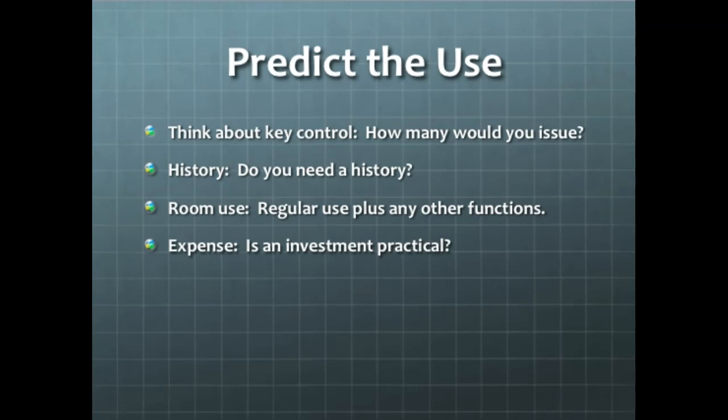And then when we talk about access control, the big thing is expense. Is it practical? If you're going to run a card reader and you only have one person who gets into that office, is it practical? The cost to run a card reader in an industrial setting is anywhere from $5,000 to $10,000 because there are certain codes you must adhere to. You have to run cabling.